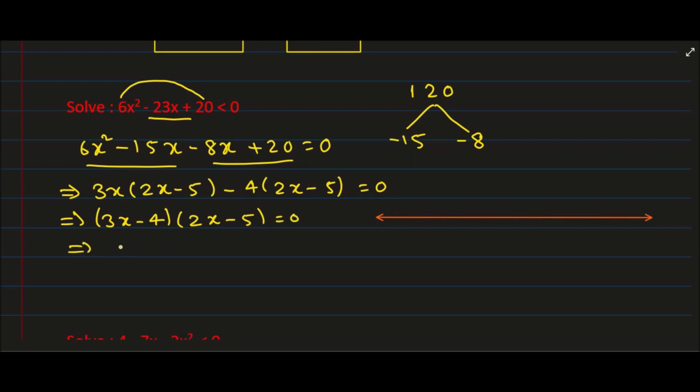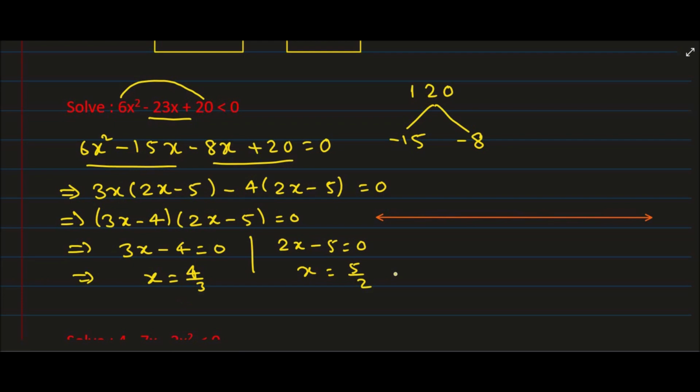This implies that 3x minus 4 is equal to 0, or 2x minus 5 equal to 0. So x equal to 4 by 3, and here x equal to 5 by 2.